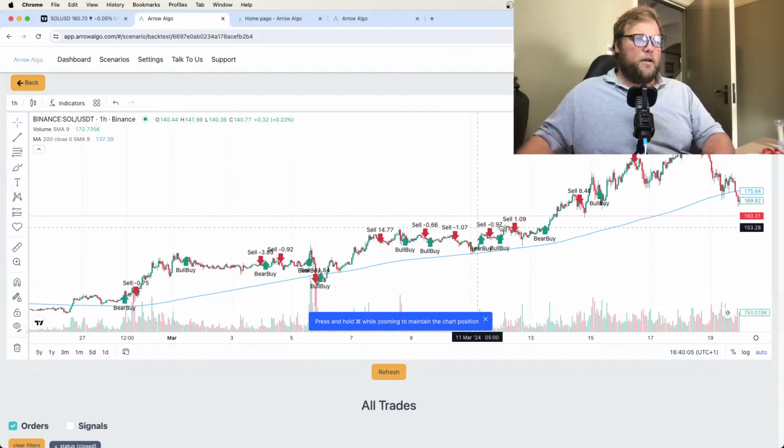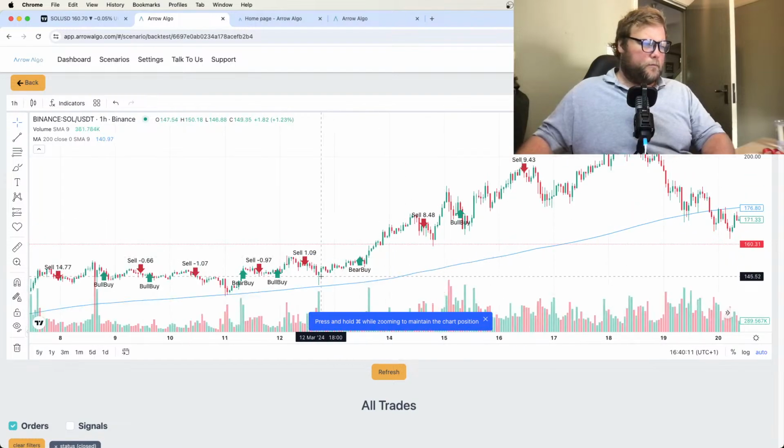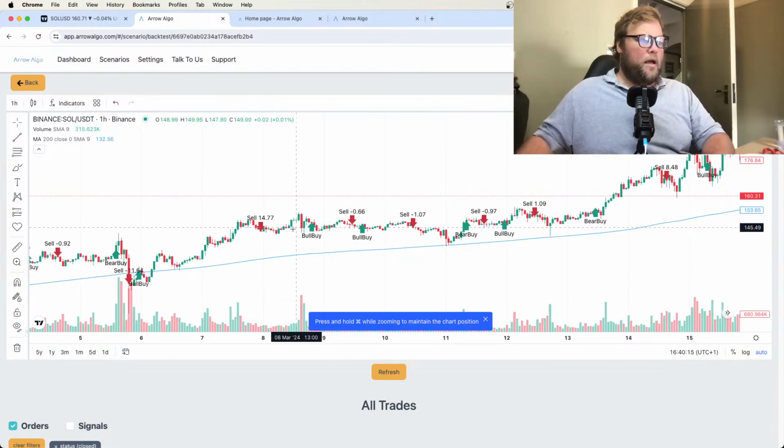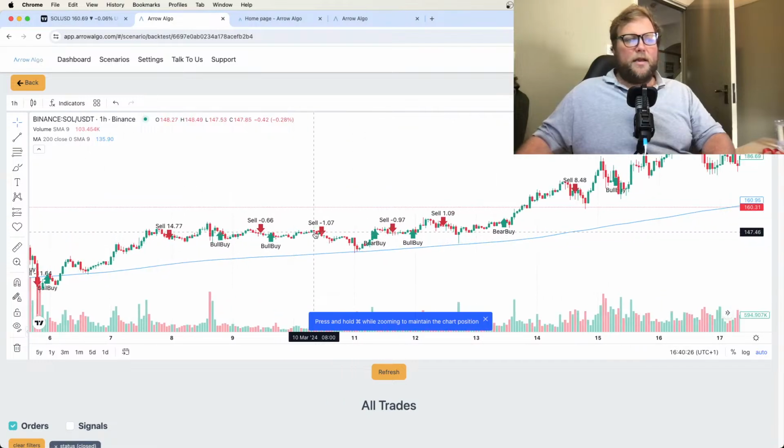Even though it's trending above its long-term SMA, it's generally a pretty sideways market. And if we have lots of trades in and around this same range, then what we're probably going to find is that we're just going to have our money eaten away by trading fees.